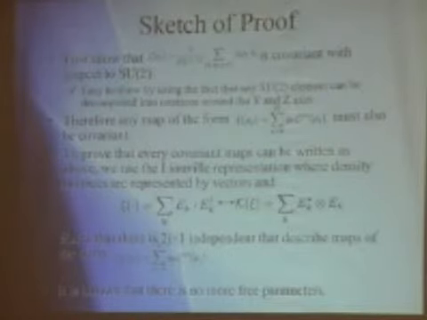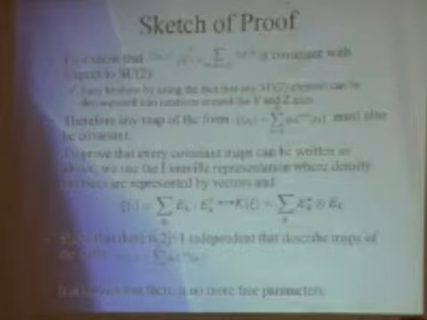And it's possible to show that any covariant map has only 2j plus 1 independent parameters. So basically, this is the mechanism of the proof.